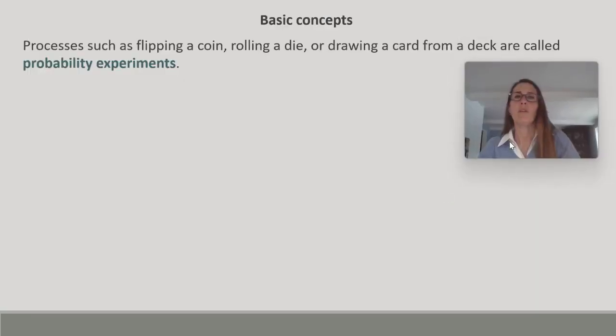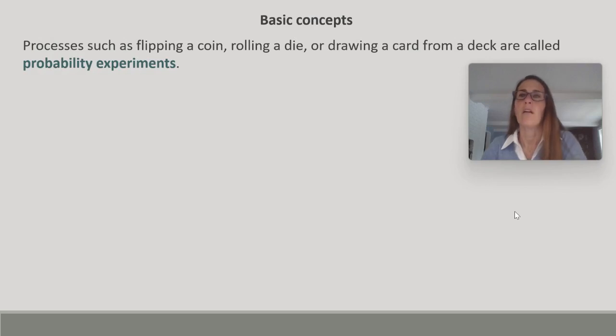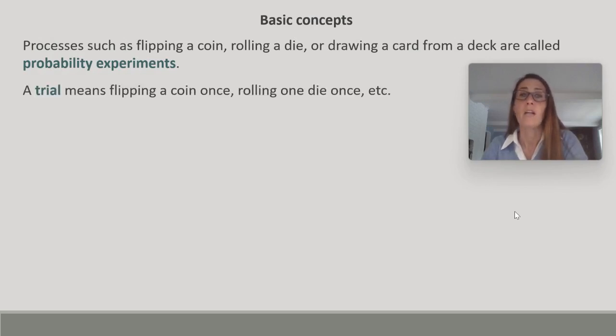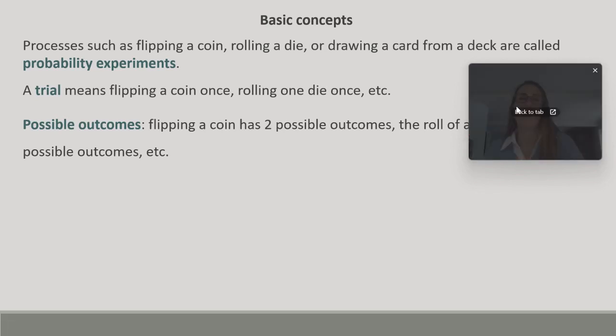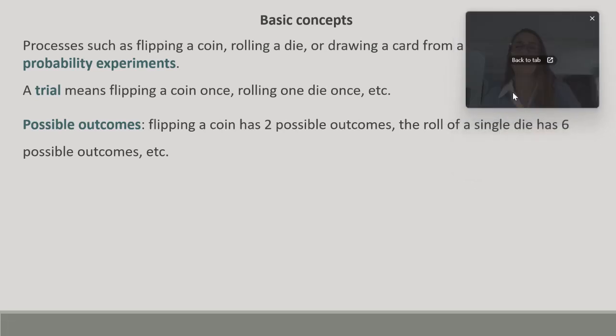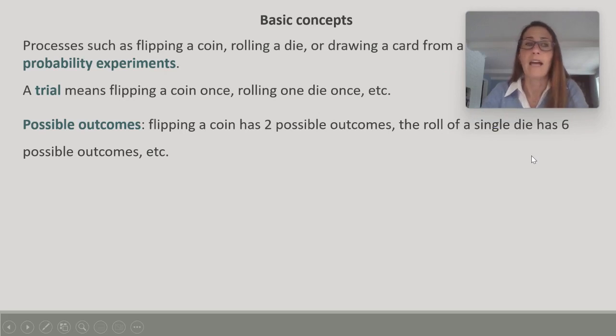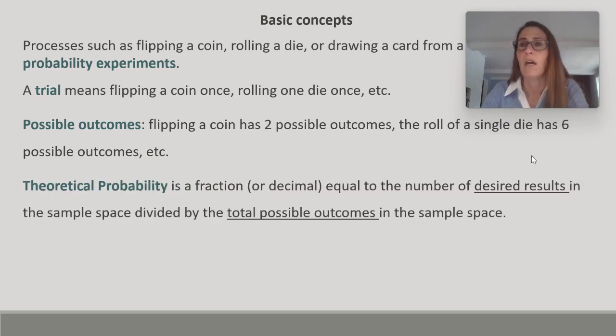Processes such as flipping a coin, rolling a die, or drawing a card from a deck are called probability experiments. A trial means flipping a coin once or rolling one die once, things like that. Possible outcomes: flipping a coin has 2 possible outcomes. The roll of a single die has 6 possible outcomes, etc. Theoretical probability is a fraction or decimal.